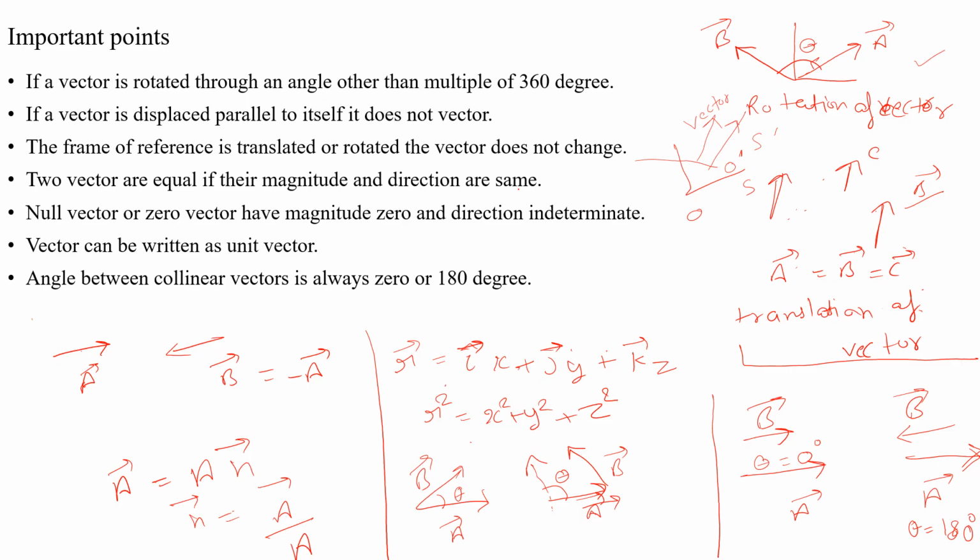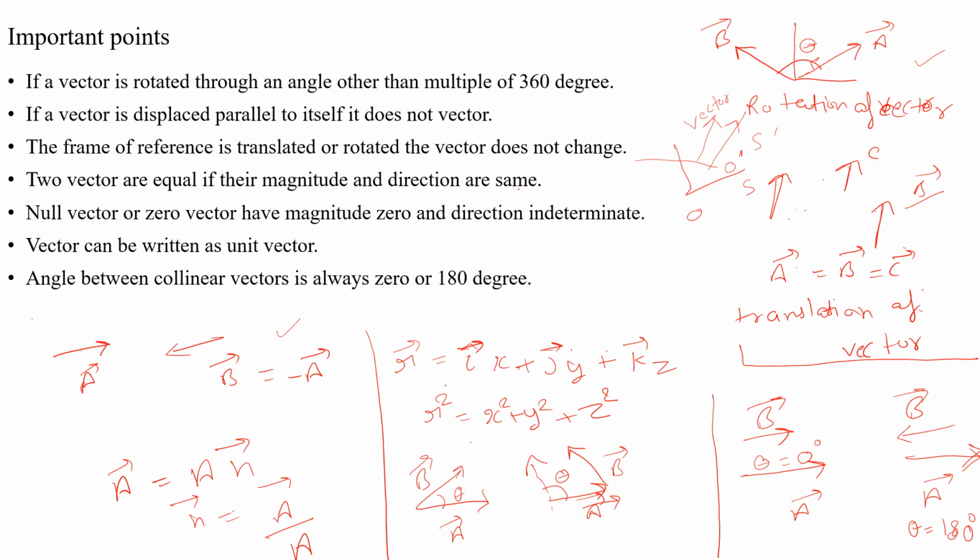Next, two vectors are called equal if their magnitudes and directions are the same. Negative of a vector means a vector of the same magnitude but opposite in direction.